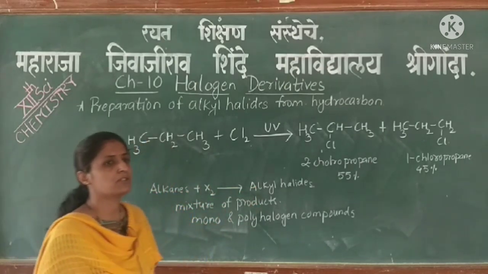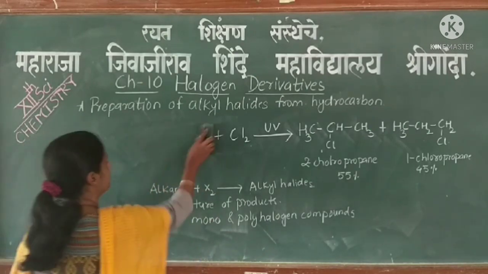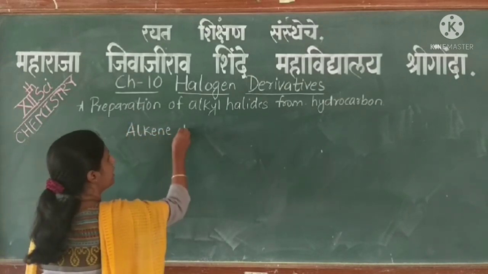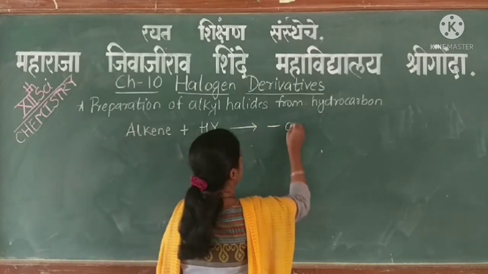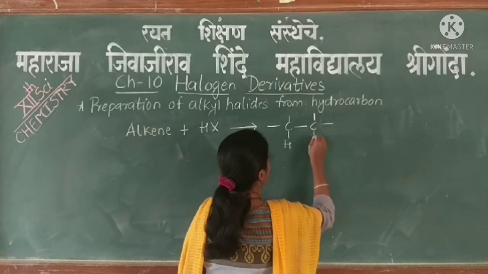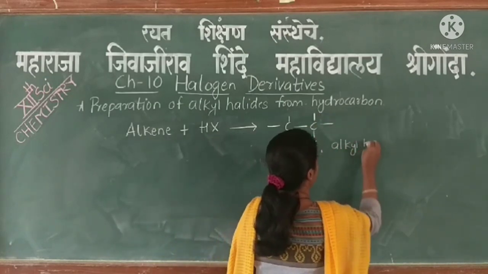Now the next method is from alkenes, that is unsaturated hydrocarbons. Alkene reacts with halogen acid, that is HX, added in this manner, to give you alkyl halides.